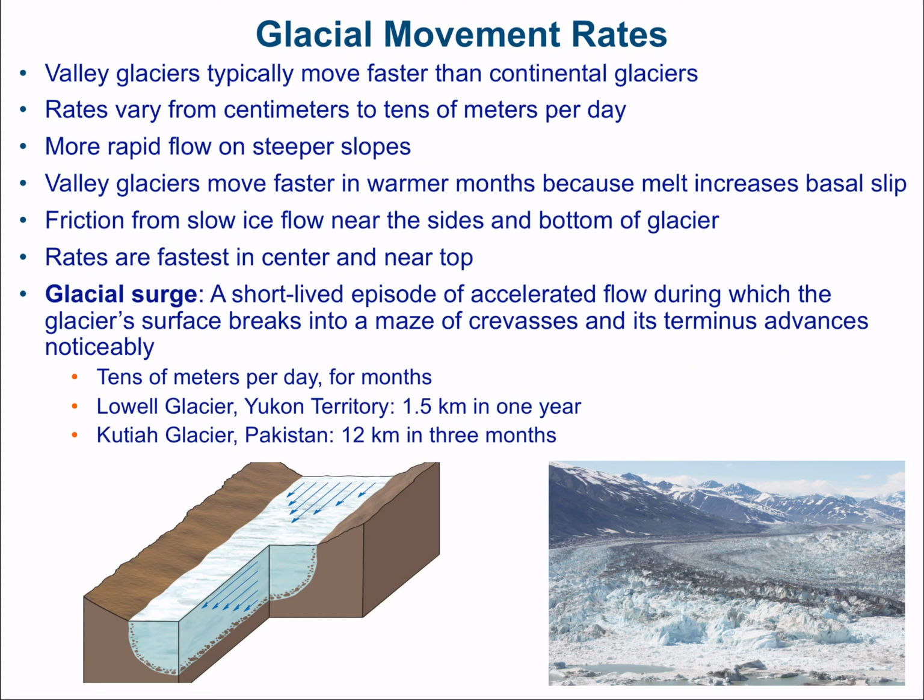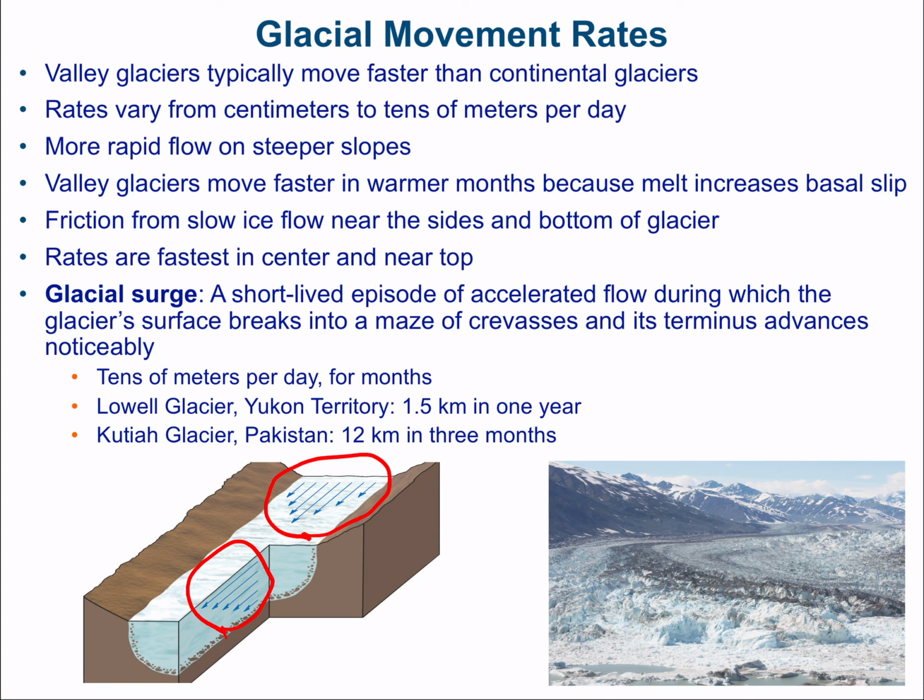Now, if you look at the bottom on the lower left, you see a series of arrows and arrowheads. The length of these arrows lets you know where the fastest rate of movement is going to occur. So in the top picture, you see the fastest rate of movement is near the center. In the bottom circle I've drawn, the fastest rate of movement is near the top.